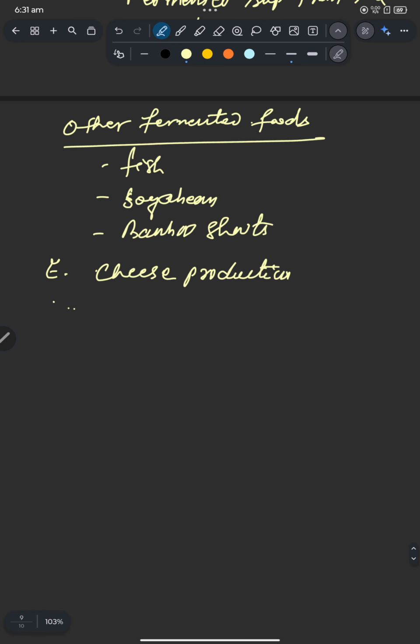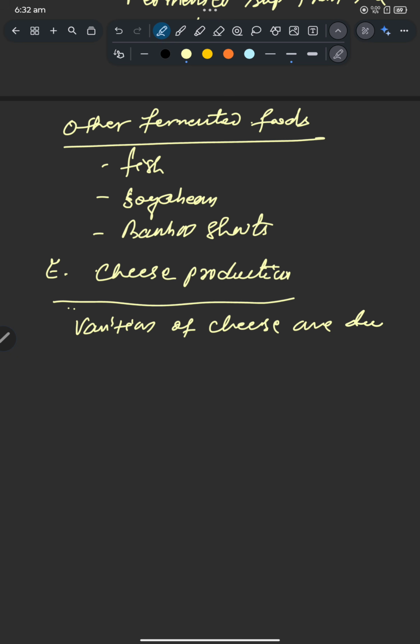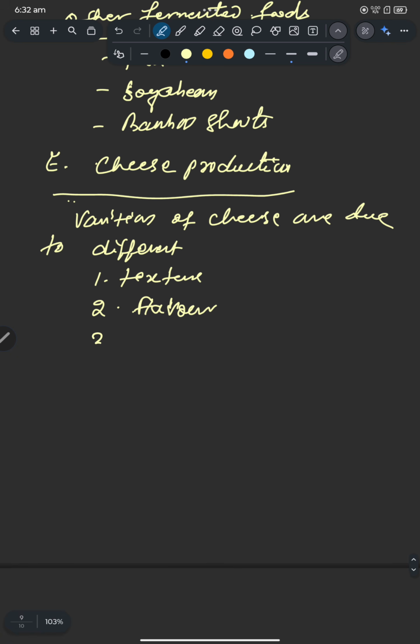So varieties of cheese are due to different texture, flavor, and taste.